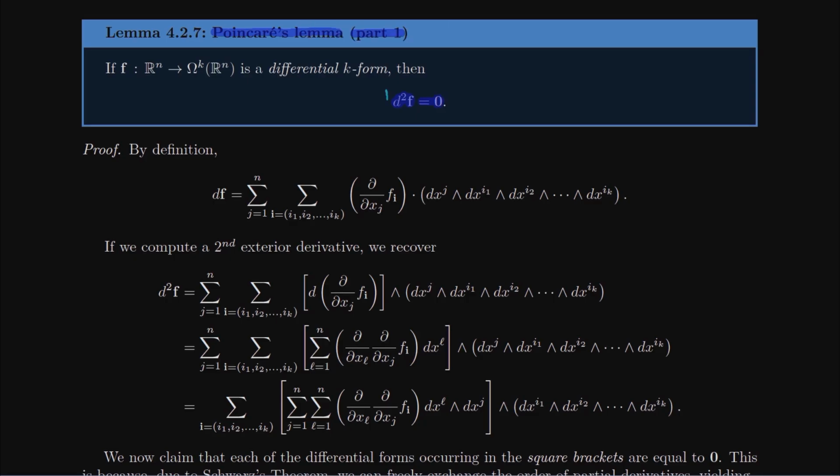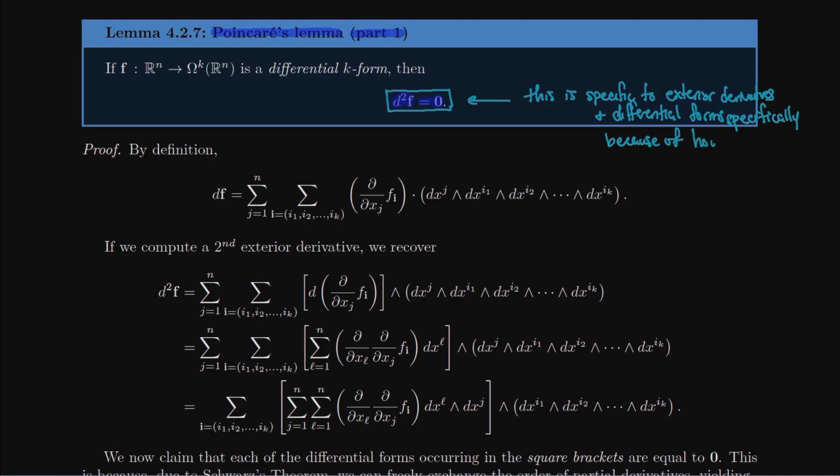Now this might feel confusing because second derivatives in terms of multivariable calculus are not necessarily equal to 0. This is specific to exterior derivatives and differential forms, specifically because of the way the wedge product works, specifically because of how a wedge product is computed.